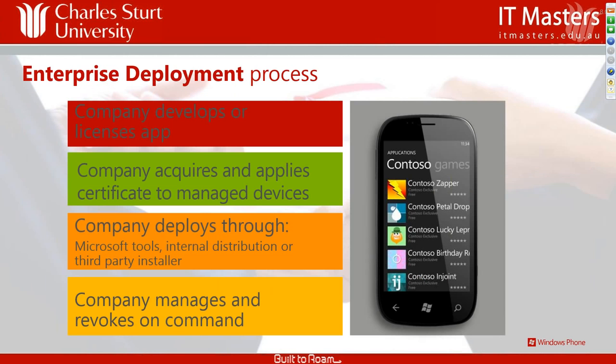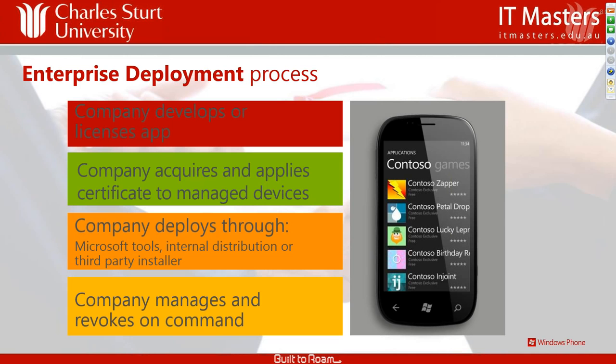The deployment process for those enterprise apps is that the company develops or licenses an application that they want to feature within their staff. They acquire a certificate, and use that certificate to sign the application. They then deploy that certificate to the devices within their organization, and then they push out the application to those devices. And because those devices have the certificate installed on them, they'll be able to install and run those applications.